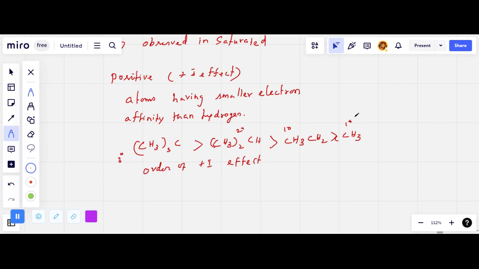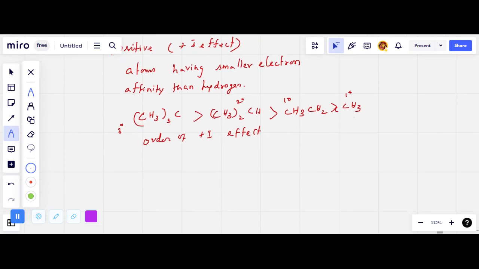So atoms or group of atoms having smaller electron affinity than hydrogen are said to have plus I effect.